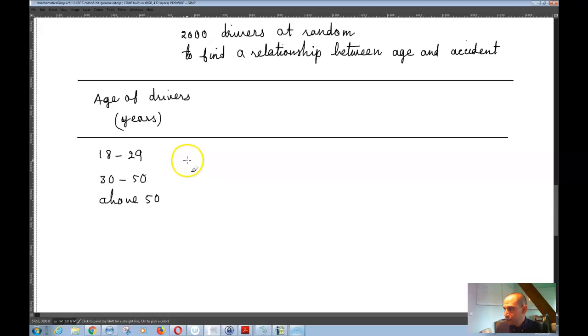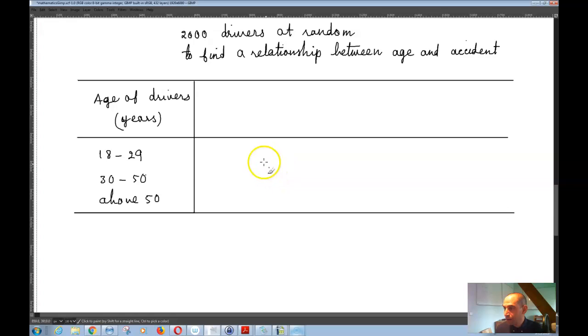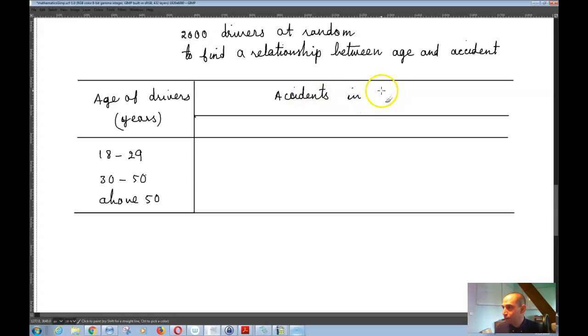And then you have accidents in 1 year, and over here you have 0, 1, 2, 3, and over 3.